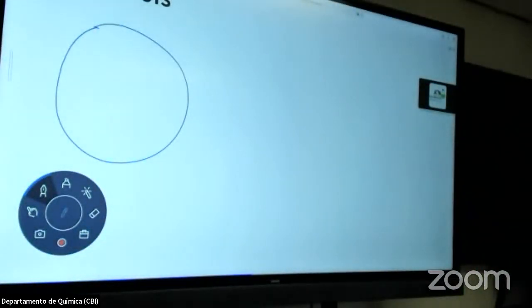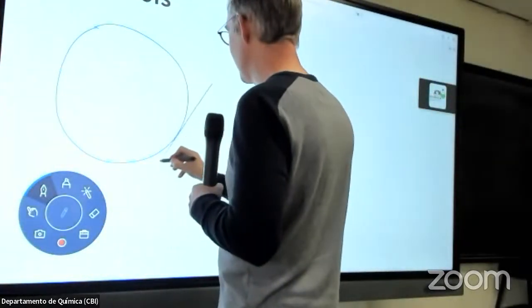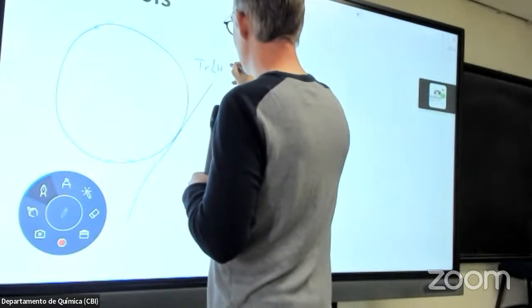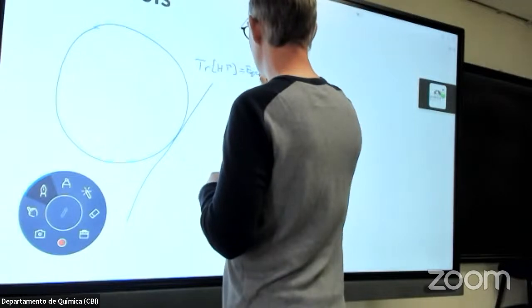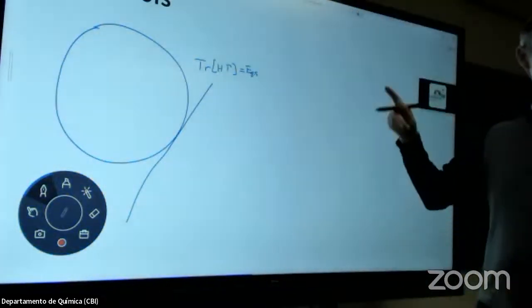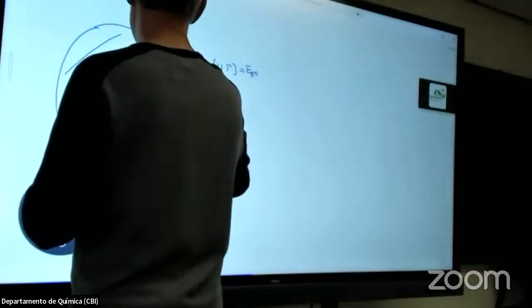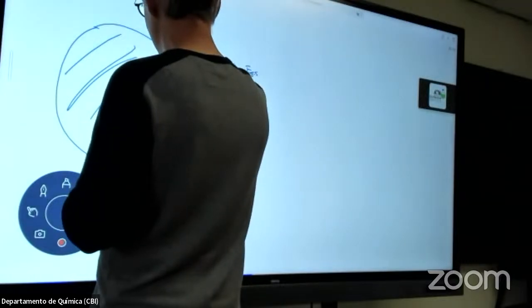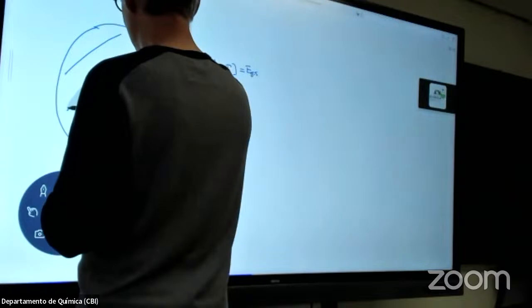Okay. So let's go back to what we had here. This is trace of H gamma equals E ground state, right? That's one of the cases where it's a supporting hyperplane. All of these states, actually, why have a fancy setup and not use it?